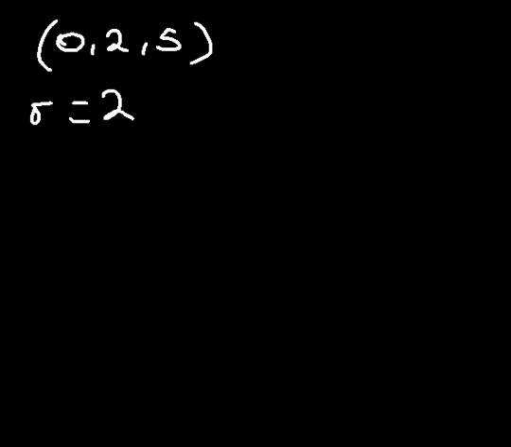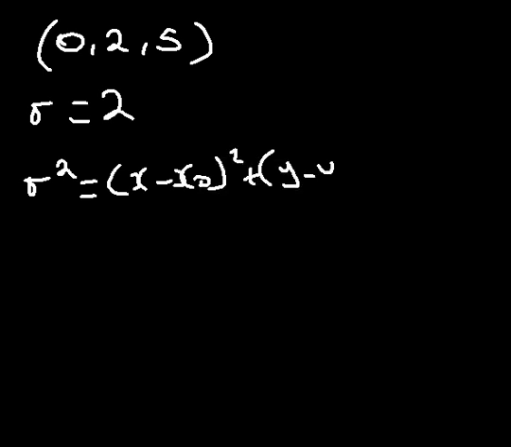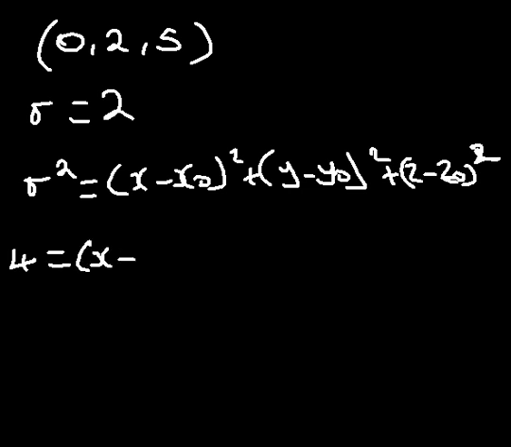The equation of a sphere says that r squared is equal to x minus x naught to the power 2, plus y minus y naught to the power 2, plus z minus z naught to the power 2. So take note of that. And what is the radius squared? We have 4 in this case, because 2 to the power 2 is 4. Here this is x naught, y naught, and this is z naught.